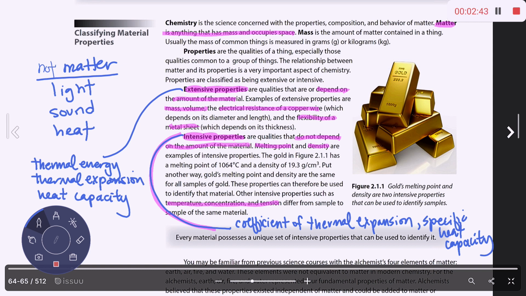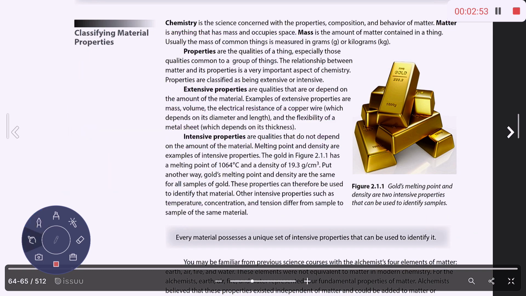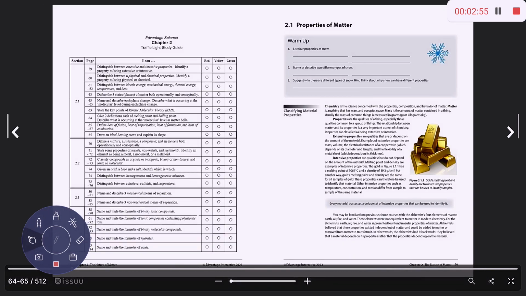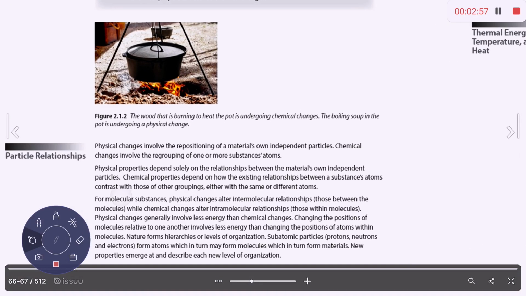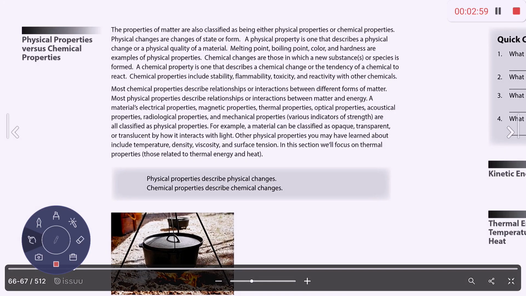We're going to turn to the next page and take a look at physical and chemical properties. Okay, so physical changes are changes of state.